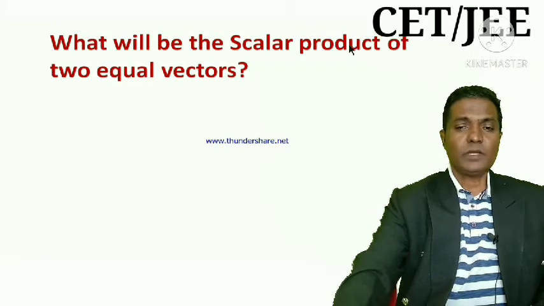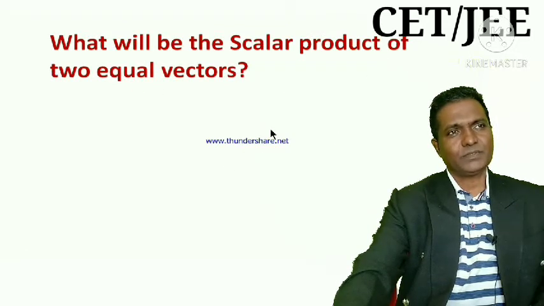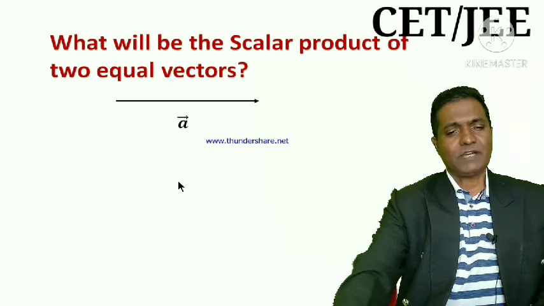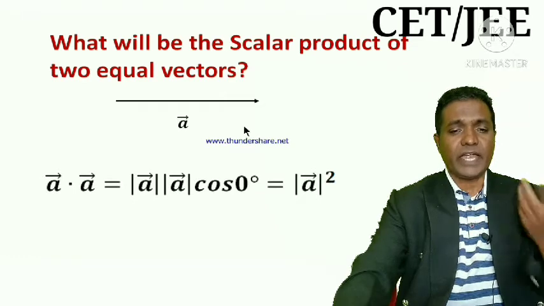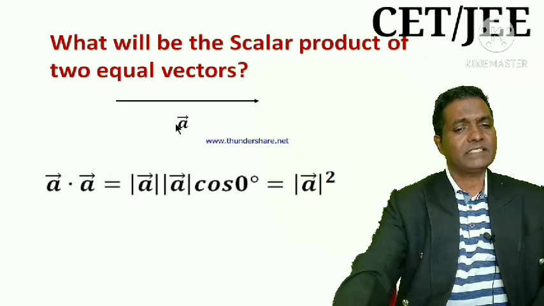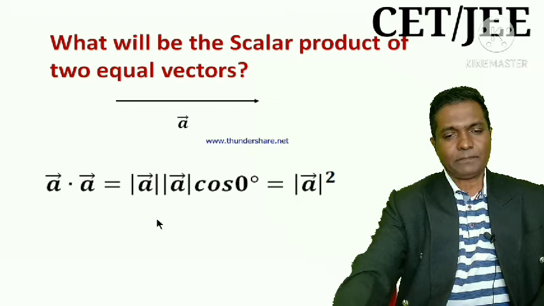Now, what will be the scalar product of two equal vectors? Suppose A is a vector, and if you take its dot product with itself, because A is equal to vector A itself. So if you consider the dot product of vector A and vector A, what is going to happen?